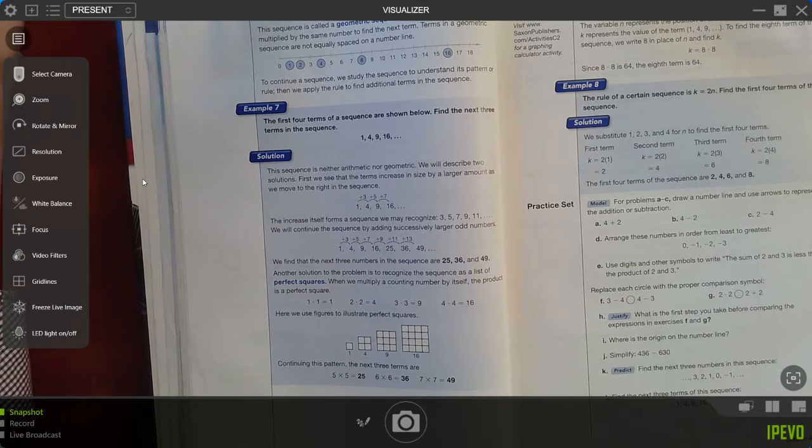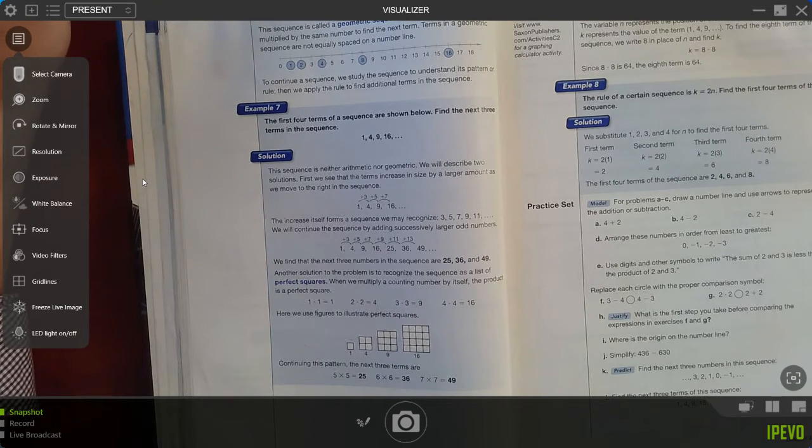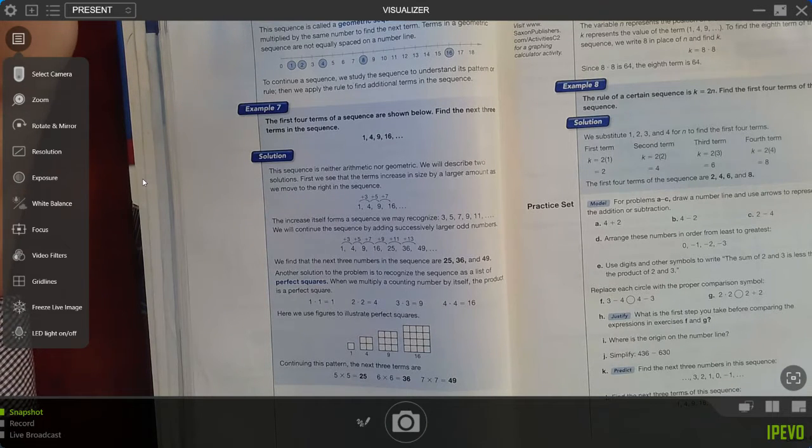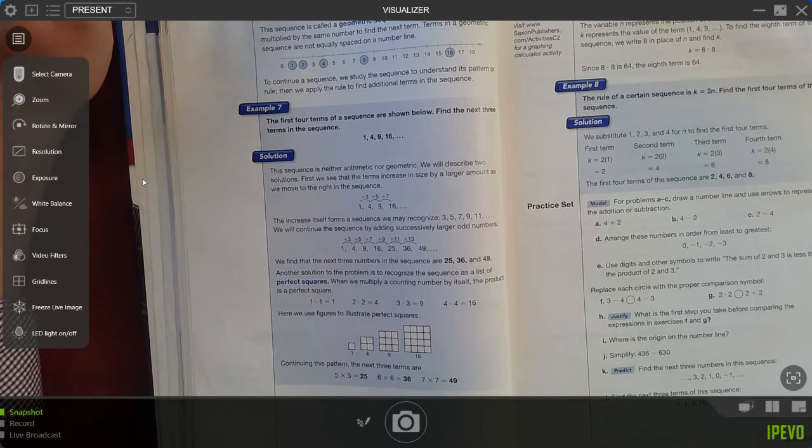You try and figure out if something is an arithmetic or geometric sequence. If it is an arithmetic sequence, you will know that the difference between them is regular, where it is adding a consistent amount each time. So does it add 2 each time?